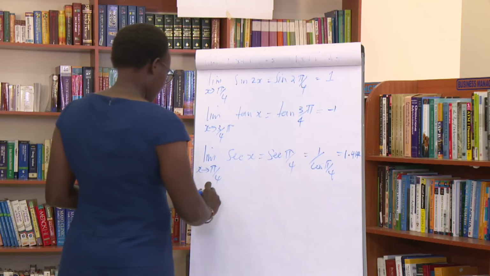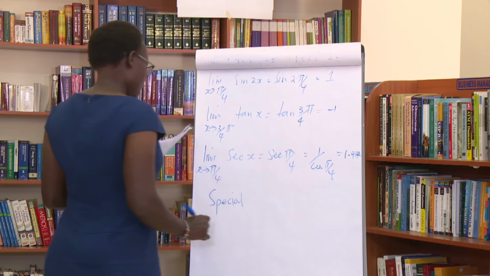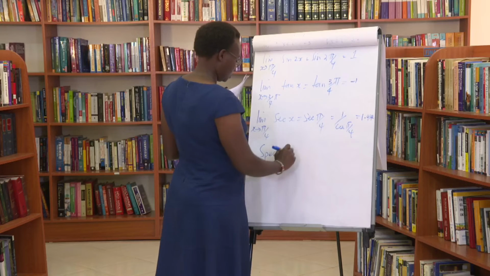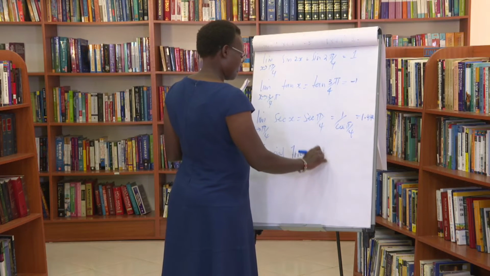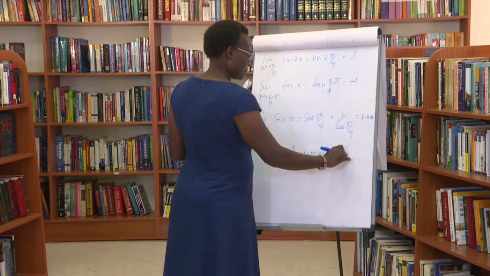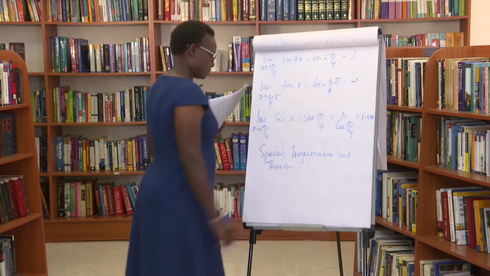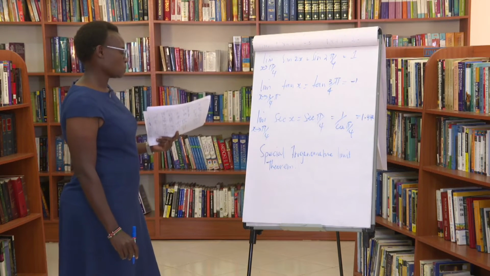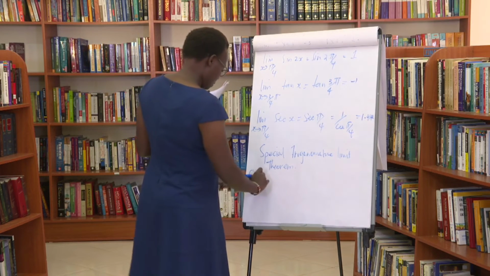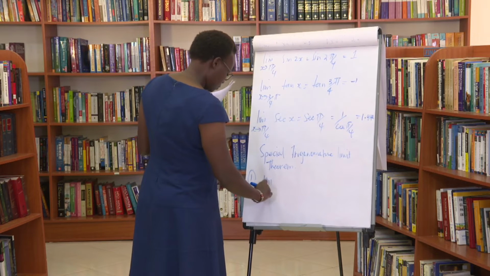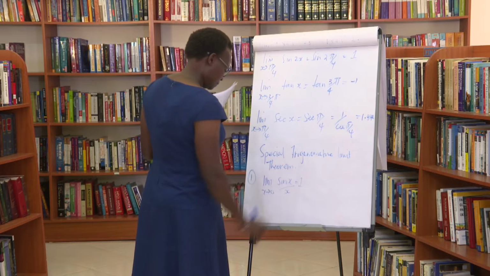And then we have the special trigonometric limit theorems. We'll just talk about two. The first one: the limit as x tends towards 0 of sine x over x is 1.